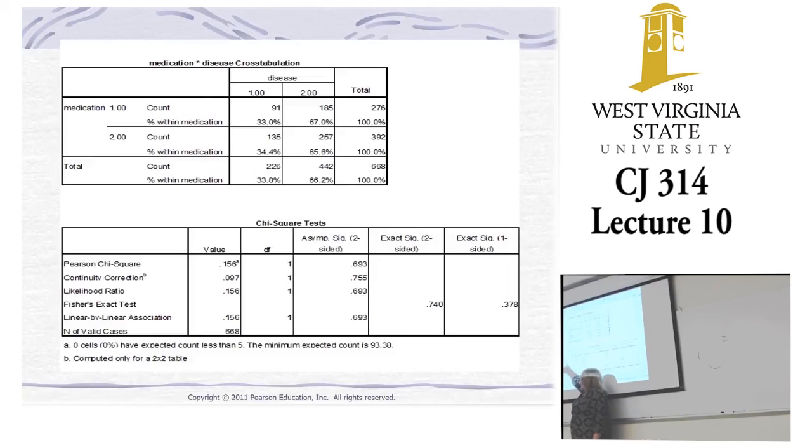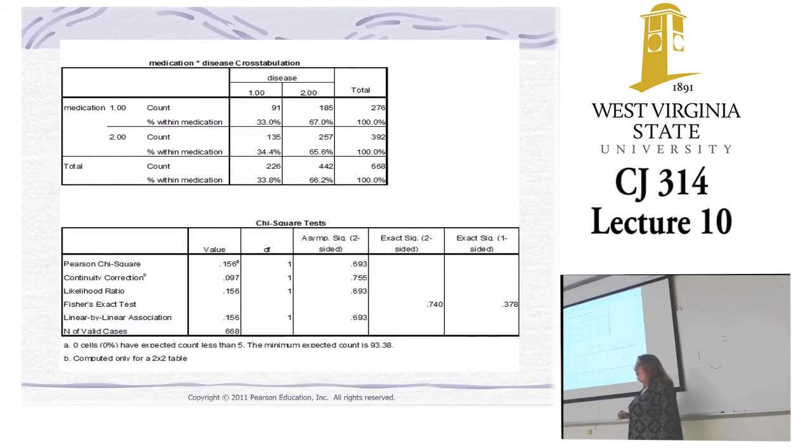Here's all the statistics. Important one for us, Pearson chi-square. That's what we're looking for. We don't care about anything else. We know on SPSS we're looking for sig, right? That's important. Our friend sig. We're always looking at sig to the right of the degrees of freedom. We have a 0.693 here. Smaller or larger than 0.050?